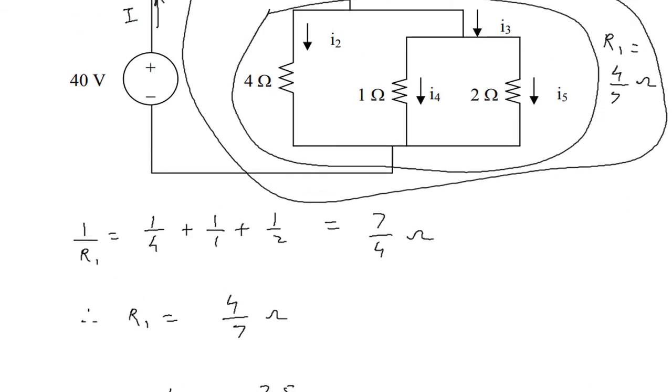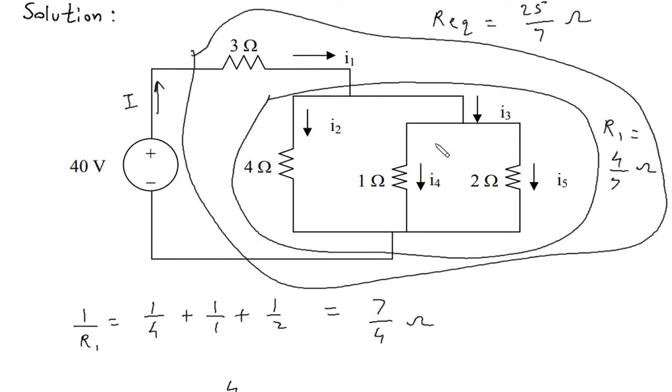Next we have to find I2, I3, I4 and I5. Now as we know, the voltage across these three resistors will be the same because they are in parallel.